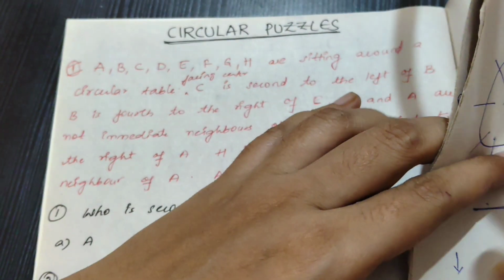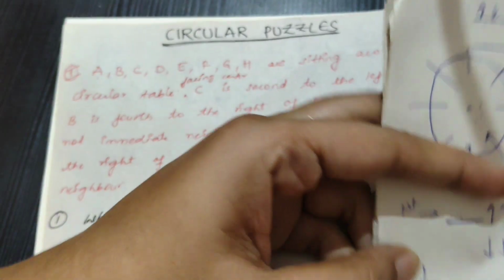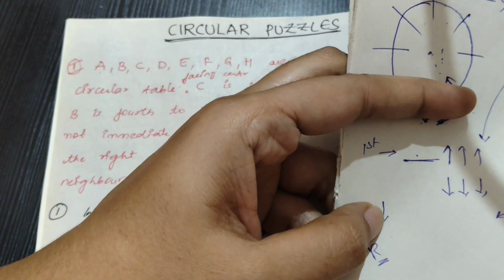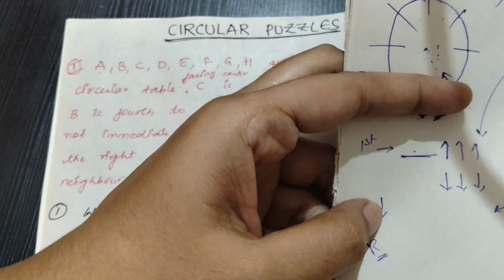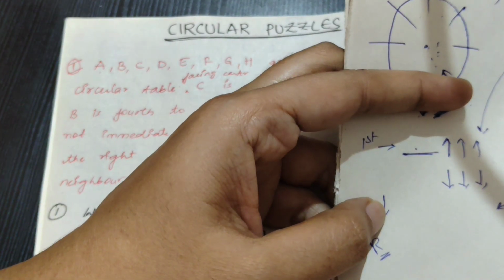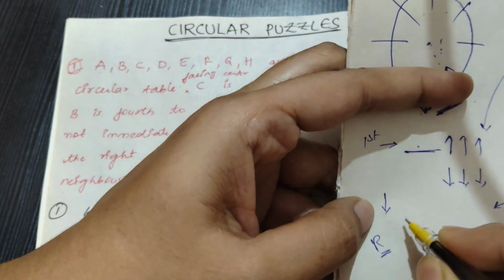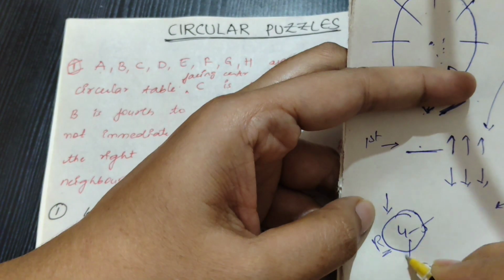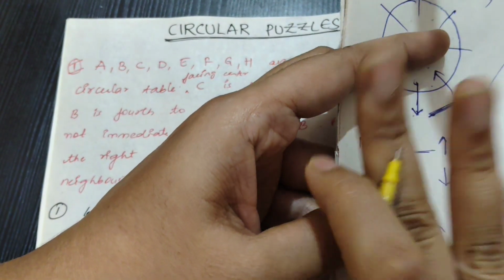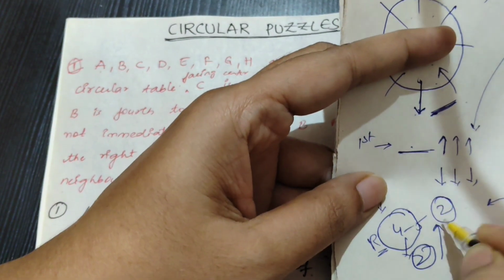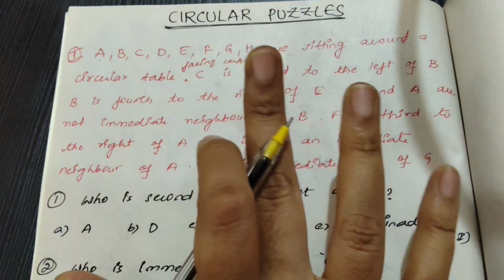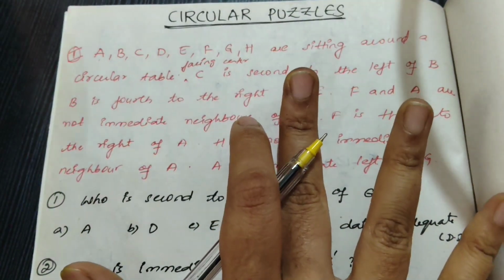If you want higher marks and a higher cutoff in reasoning, other than miscellaneous topics like syllogisms, inequalities, directions, blood relations and alphanumeric, which most people prepare, those who score in puzzles, at least 2 of the 4 to 5 puzzles, will get the higher marks. So definitely you should attempt at least 2 puzzles in the final exams. With that I will start the simple puzzle today in this video.